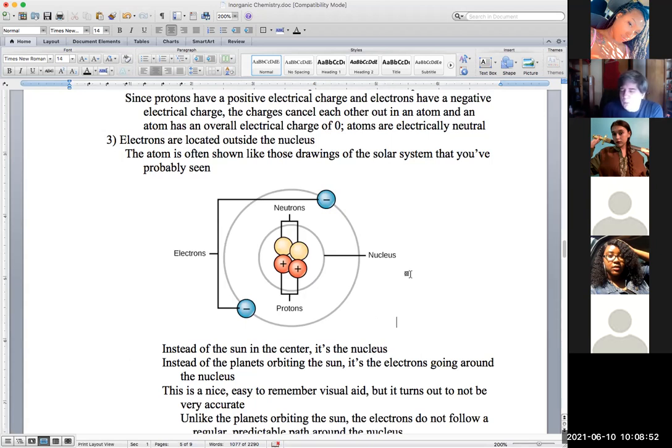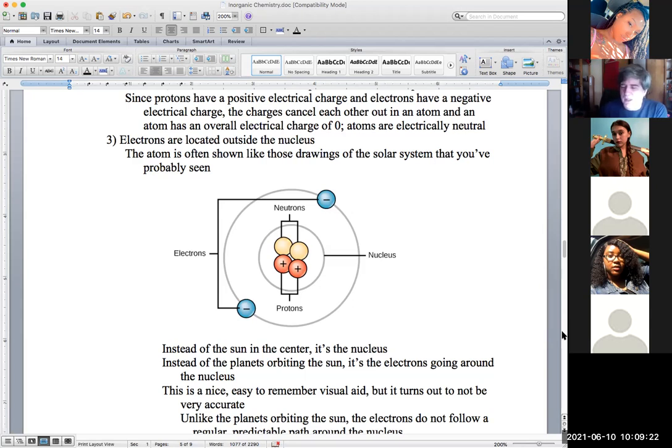Now, the problem is if we get an extra electron in our helium so that now we have 3 electrons, notice we don't have the same number of electrons as we do protons anymore. Or if we lose an electron, we don't have the same number of electrons. So if you remember what I said just a minute ago, an atom always has the same number of protons and the same number of electrons. Can't get away from that.